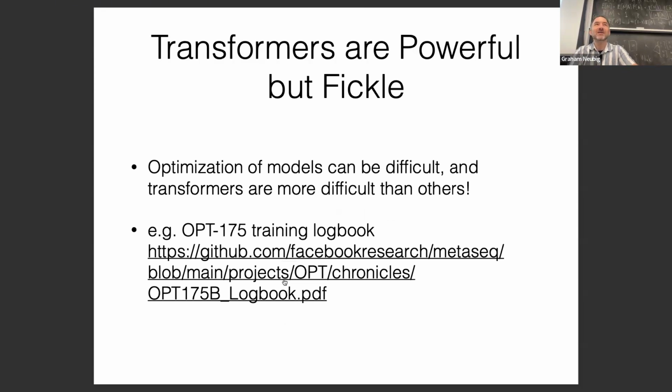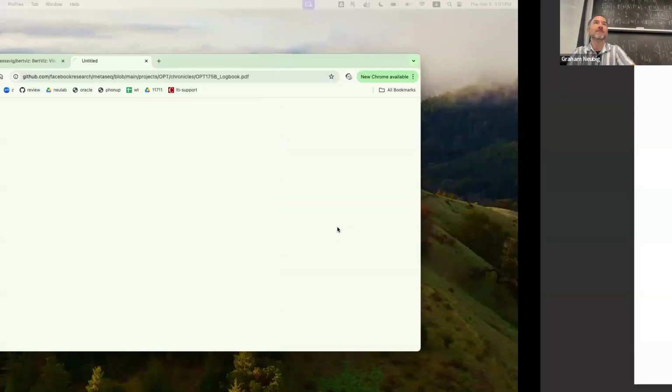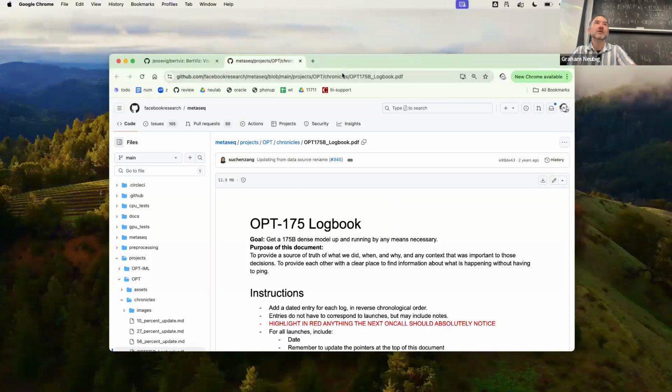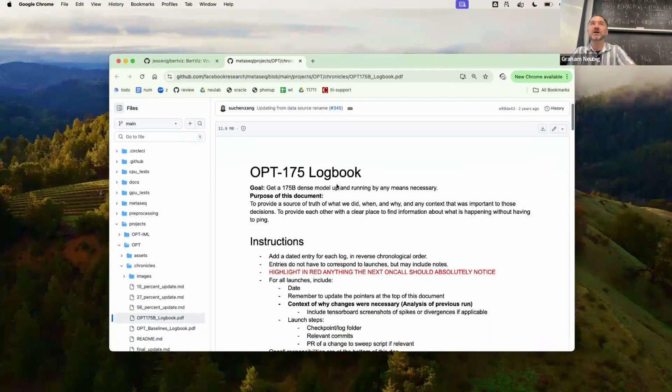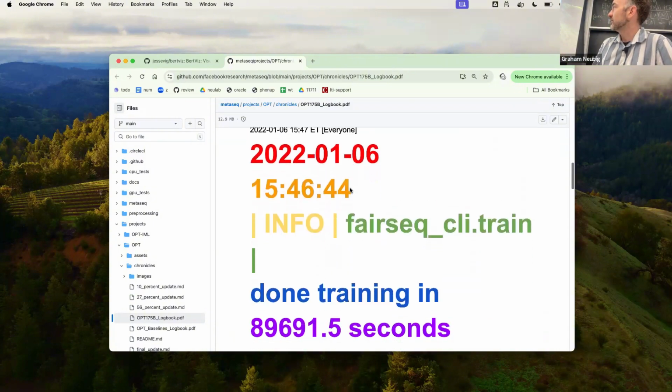if you want to find an interesting example of how difficult this was, at least traditionally, this logbook is from when Meta trained an older 175 billion parameter model. Basically, this is an open source model that they trained, and they released their whole logbook of training.